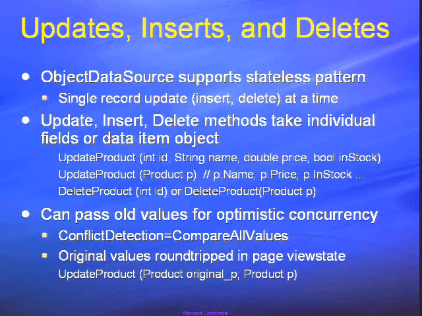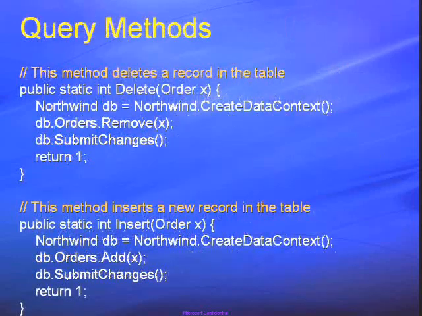In this case, for an update product, you can pass a product object, and if you wanted to support passing in the original values, you can set up this conflict detection property on Object Data Source to tell it to pass in the original object as well, and it'll call a method with this kind of signature. And that's basically exactly what DLinq does.